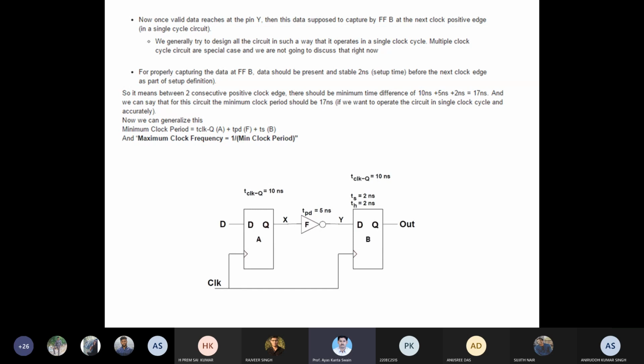That's why after 10 plus 5 nanosecond, we add the setup time of the second flip-flop, then decide the entire minimum time duration, and finally the maximum clock frequency. So this is one approach where you will feel the importance of setup time, right?